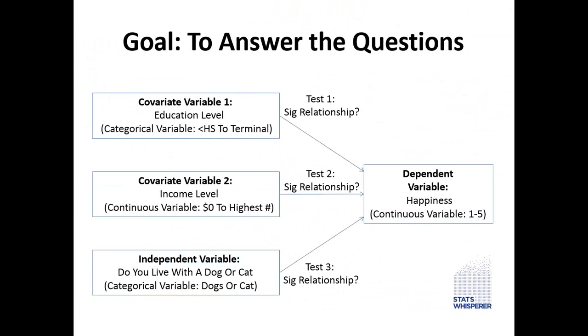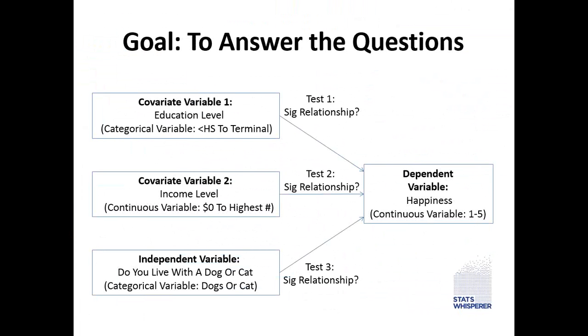So our goal is to answer these three questions. And so on the left, we have the predictors. So for example, does education have a significant relationship, shown by that arrow, to happiness? And that's test 1.